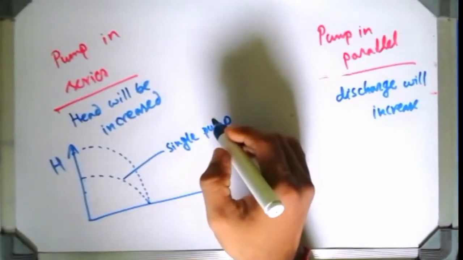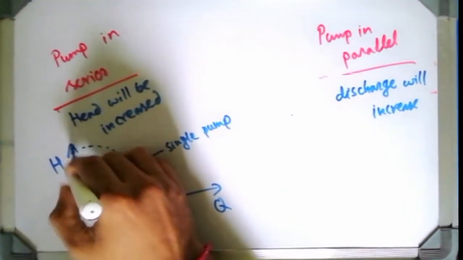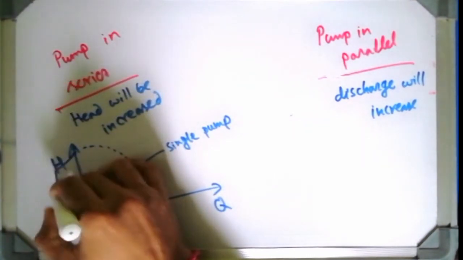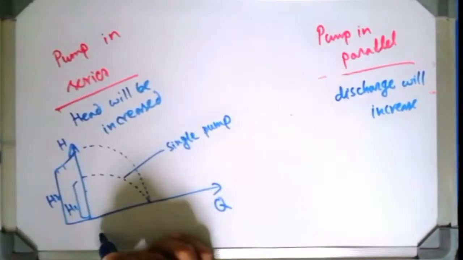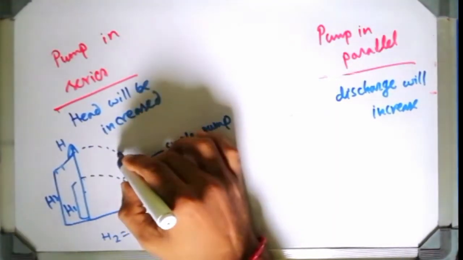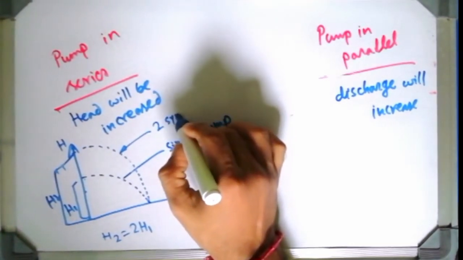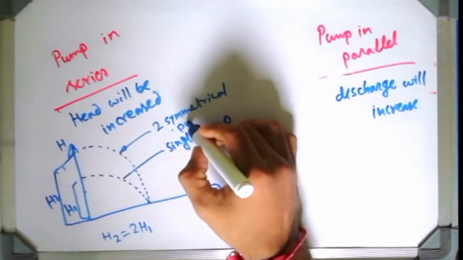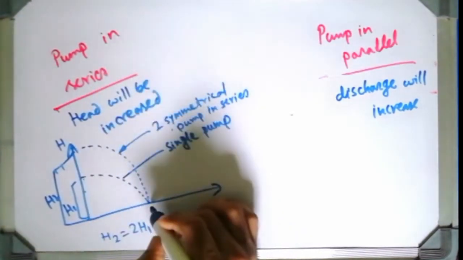Now if we connect a symmetrical pump just like the first one, then you can see that the head will be just two times. If it is H1, then it will be H2, and obviously if they are geometrically similar to each other, then H2 will be 2H1. This head curve is showing two symmetrical pumps in series. You can see the head is doubled but the discharge remains the same.